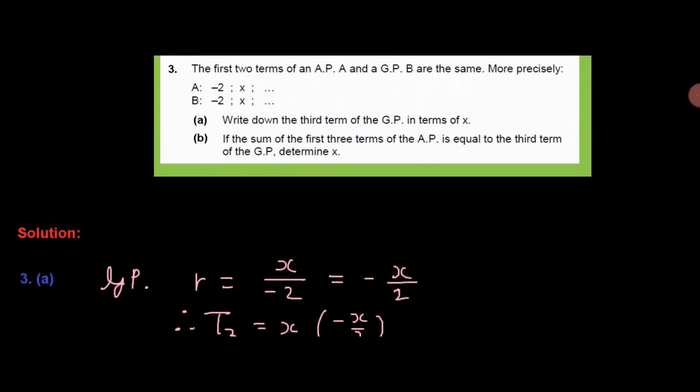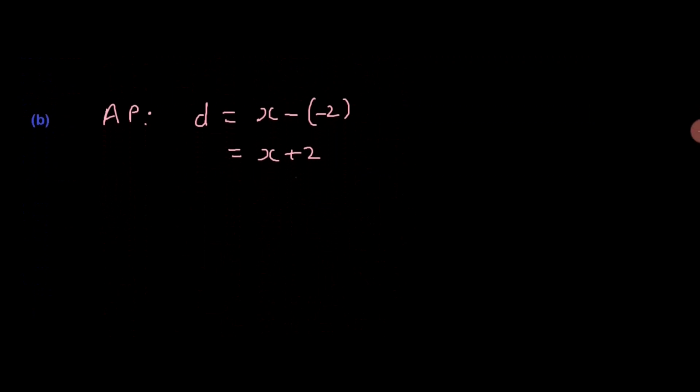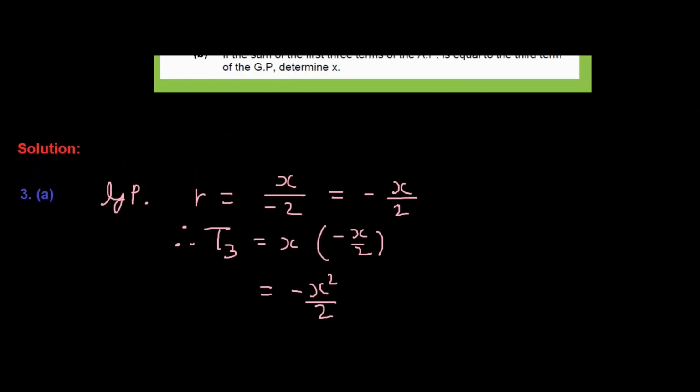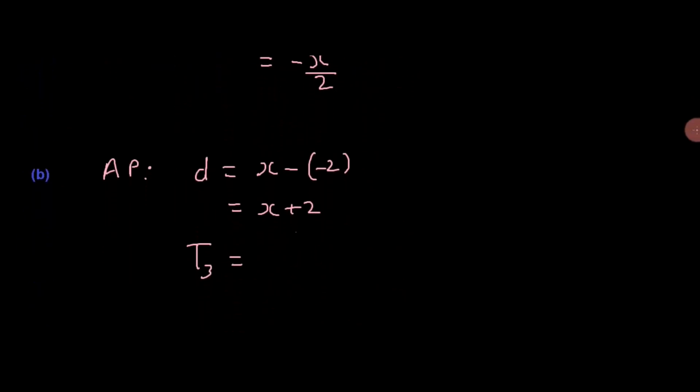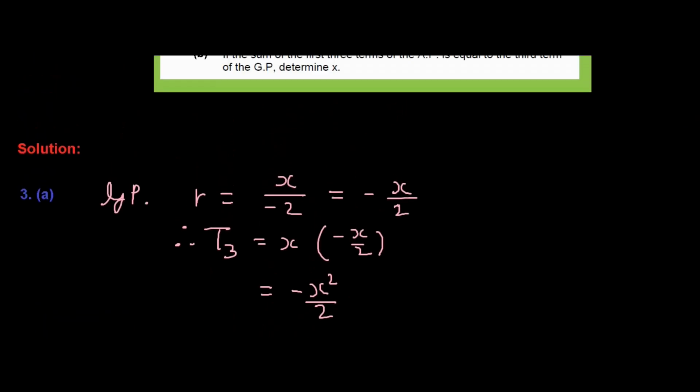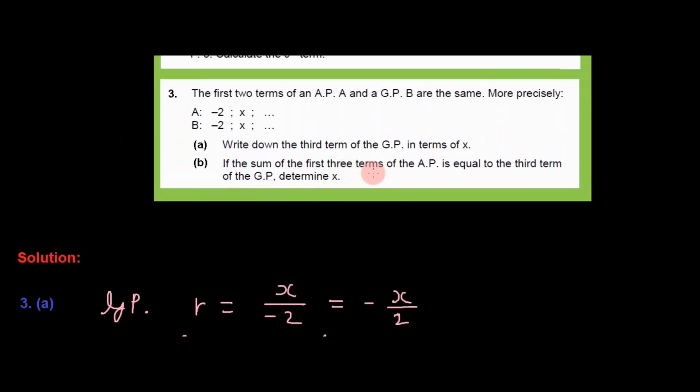So now we can write down the third term by adding the common difference to the second term. So term 3 then will be the second term, in other words x, plus the common difference. And this comes to 2x plus 2. Now it says the sum of the first 3 terms of the AP.